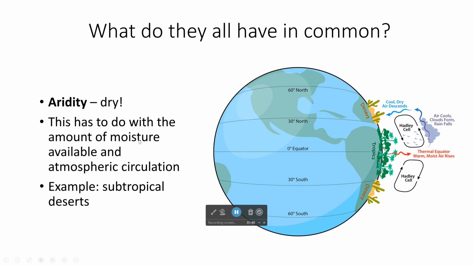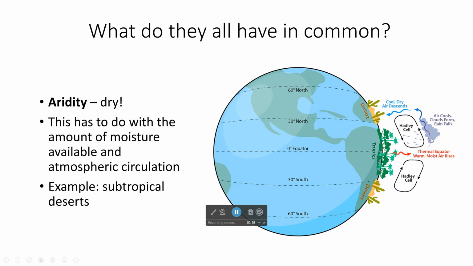For example, here's how subtropical deserts really form. Sunlight reaches the equator very directly. It heats up the equator, and as it heats the equator, warm, moist air rises. That moisture is picked up and gets into our atmosphere, and then it's circulated to the north and to the south in what are known as Hadley cells.